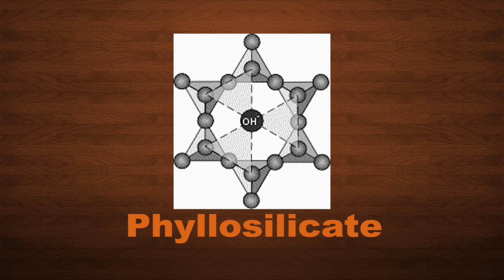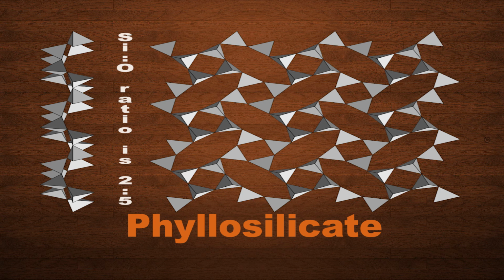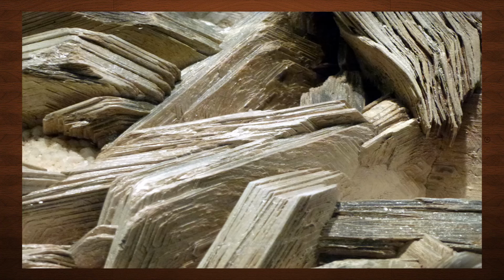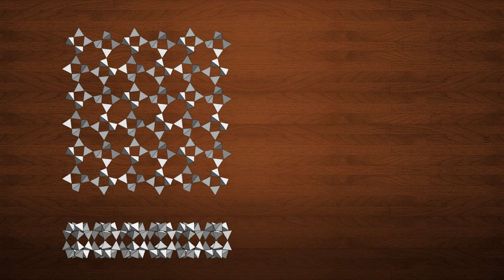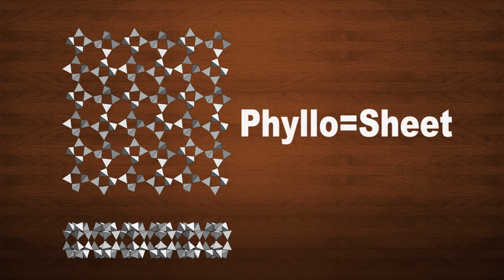Different stacking arrangements of tetrahedral sheets and octahedral sheets, along with the type of cations that occupy the octahedral site, allow for the variety of phyllosilicates that occur in nature. The Si:O ratio is 2:5 and it is the fundamental unit in all micas and clay structures. The sheets form a hexagonal planar network and are responsible for phyllosilicates, phyllo equal to sheet.